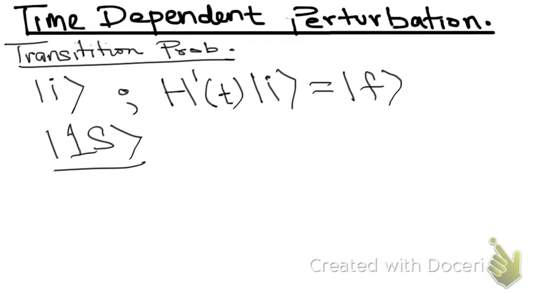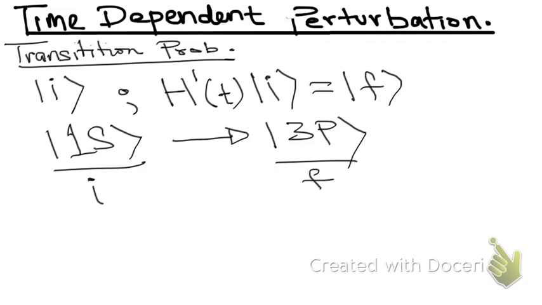It may excite to some excited state, say the final state is now 3p. So this initial state was 1s and the final state is 3p, right?